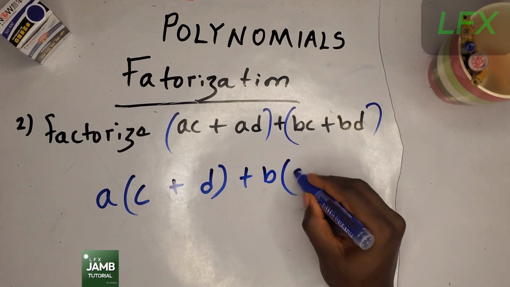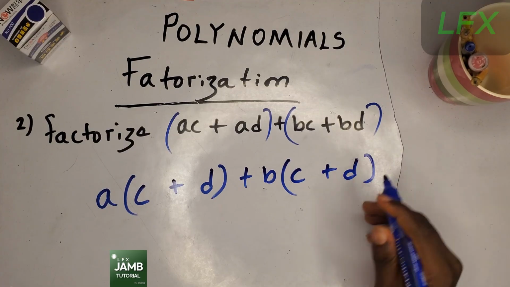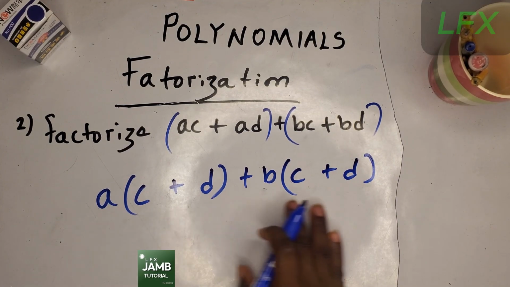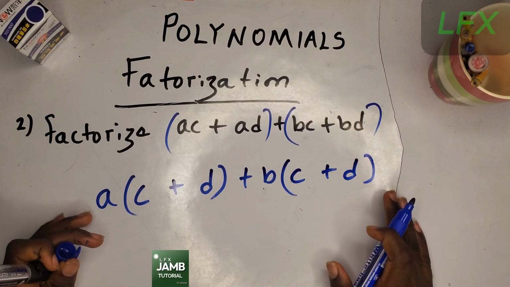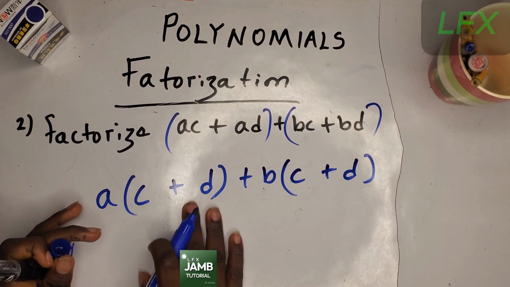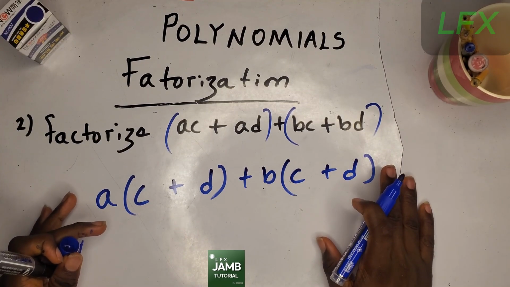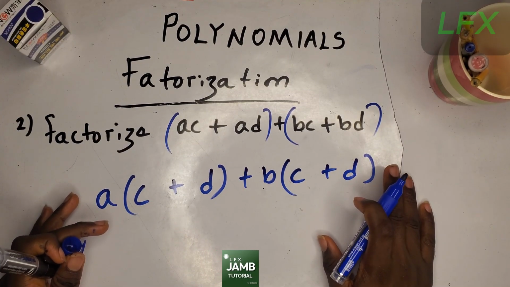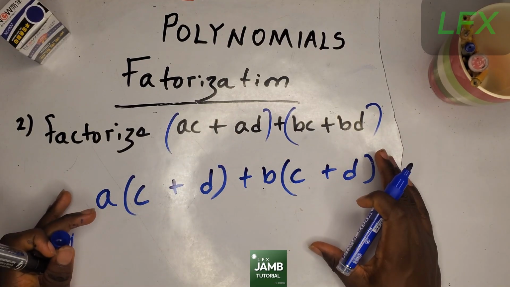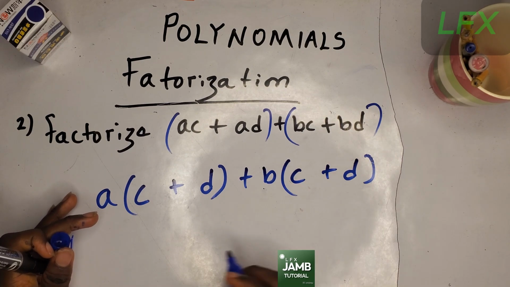B in bc gives us c, plus b in bd gives us what? d. Right? So if you look, there's something making sense here now. We have c plus d and c plus d here. The c plus d is the common factor in this arrangement. So since it's a common factor, we choose one of it, right?